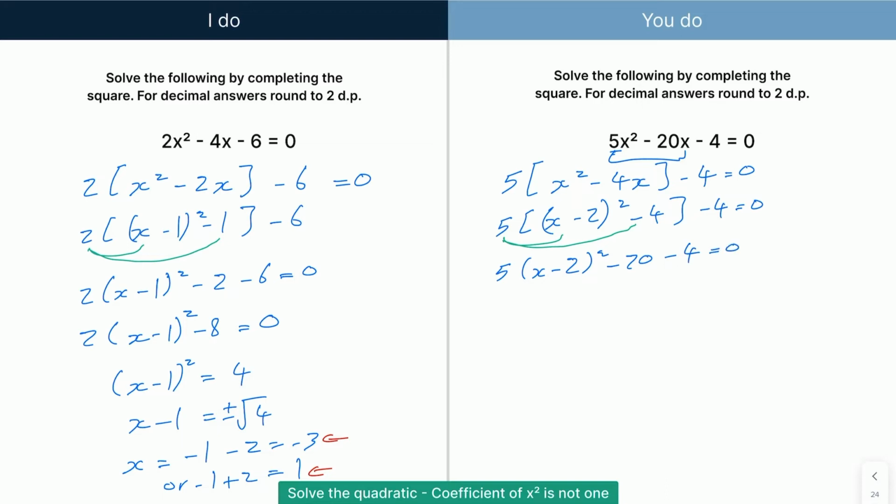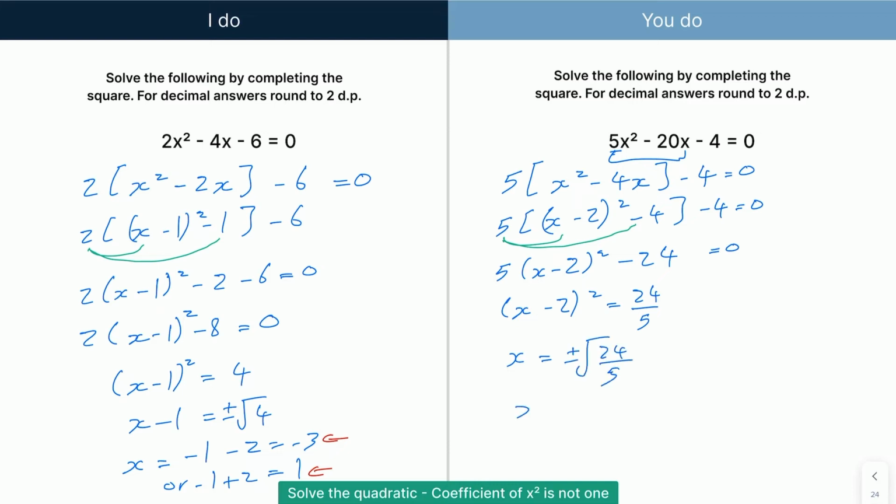Now we are going to tidy that up. So, well, actually, I'll just tidy it up right here. So that will become -24. And then moving on, we have x minus 2 squared is equal to 24 over 5. And then we have x minus 2 is equal to plus or minus the square root of 24 over 5.